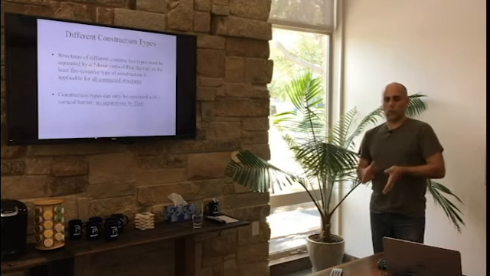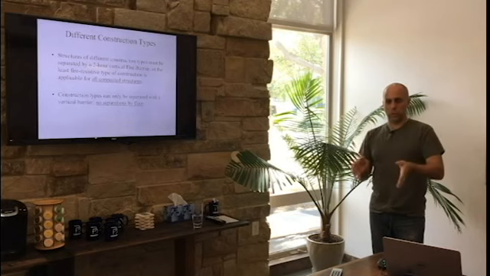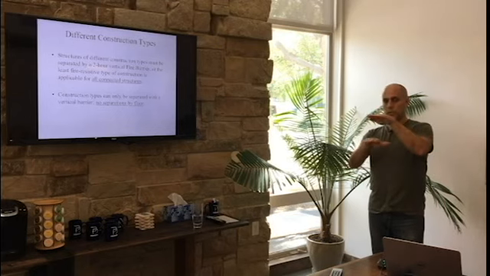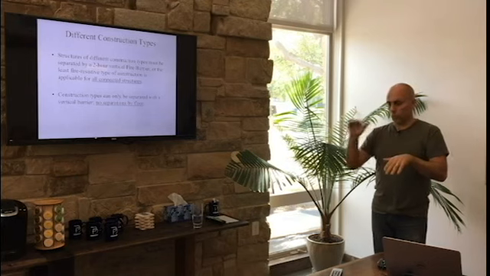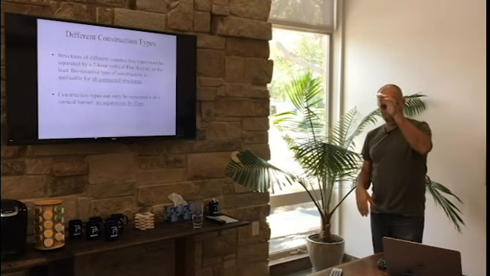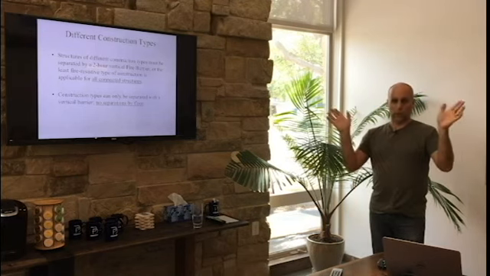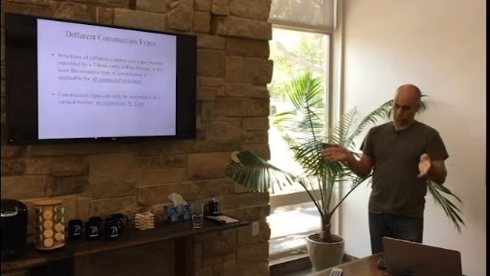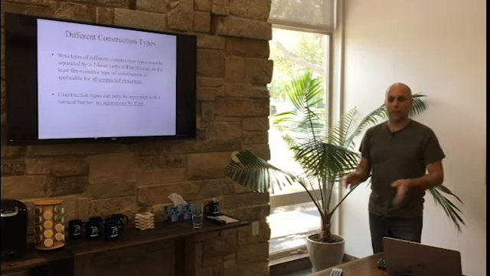It is always vertical. You cannot have a multi-story building with different construction types stacked on top of each other. I can't have a wood building on the first story and a metal building on the upper story and call it that I'm good. No, when the first floor burns, the whole thing's coming down.